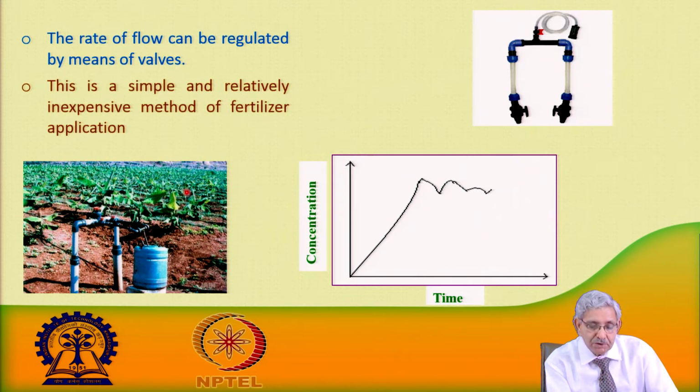This is what you see here, how the water is being supplied along with the fertilizer. This is a fertilizer container, and the Venturi is attached here, and this fertilizer solution is sucked by the Venturi and then enters the system. This is a simple device, and as such it is an inexpensive method of fertilizer application.